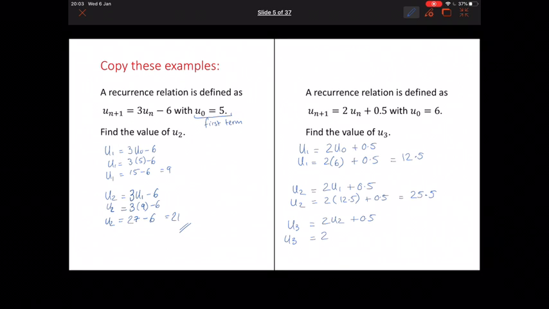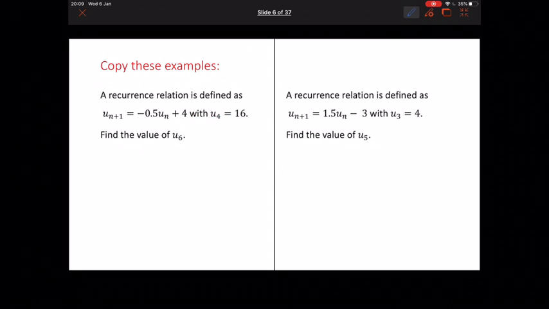So that gives us 2 times 25.5 plus 0.5, which gives us 51.5.